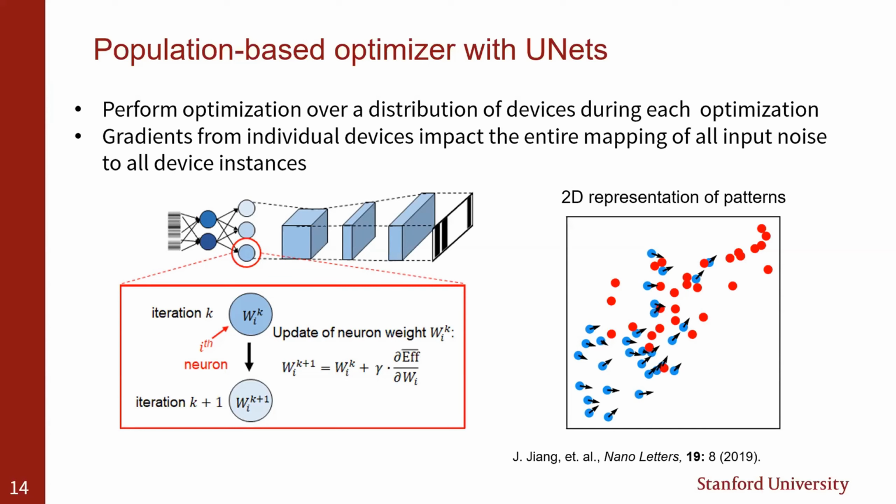Therefore, the more promising part of the design space will be explored in the next iteration, and the distribution of generated devices will gradually converge to a high efficiency cluster. And in this way, local optima will be easily avoided, and it's more likely to converge to the global optimum.